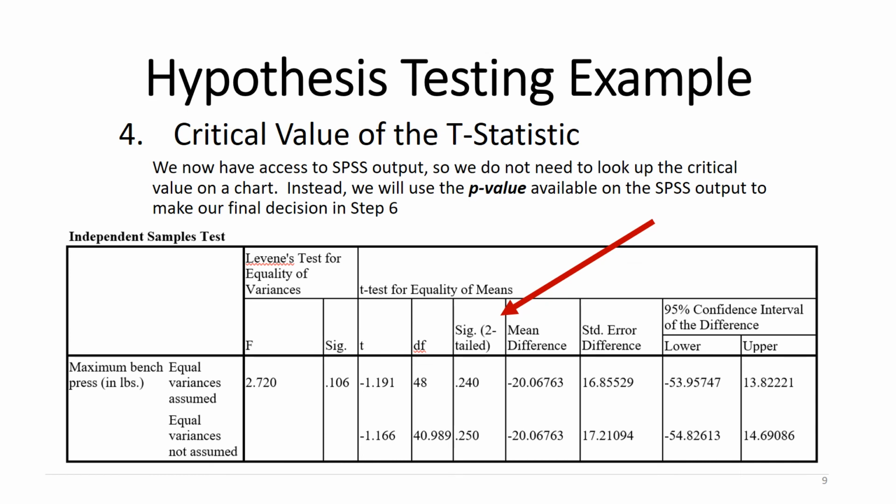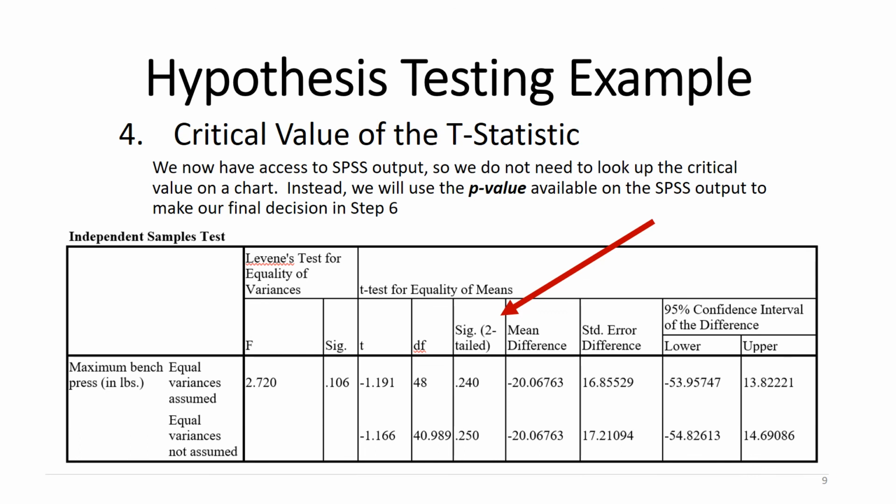Well, the problem with the t distribution that we're now working with, as you may recall from the last lecture, is that its shape changes. We would need a book, or at least a lot of sheets of paper, to figure out the exact critical value for our particular sample size. So the nice thing with SPSS output is we're going to get something even better.